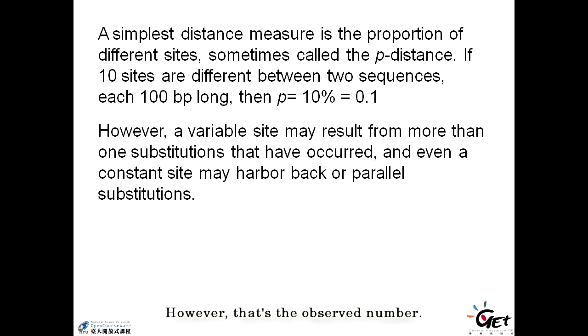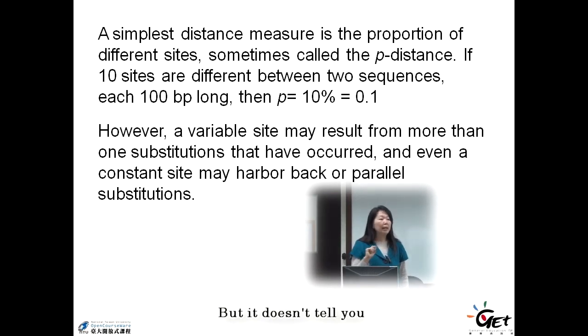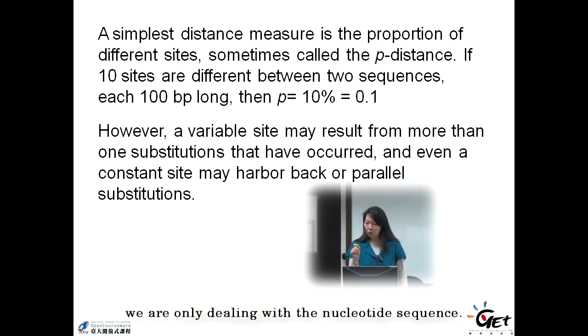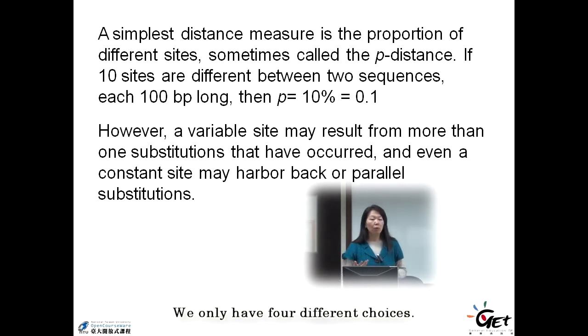That's the simple calculation. However, that's the observed number. You have two sequences and this is what the differences are, but it doesn't tell you what happened in the past, in historical time. Because we're only dealing with the nucleotide sequence, and the nucleotide sequence is very simple: we only have 4 different choices. And for any given site, it can change back and forth.